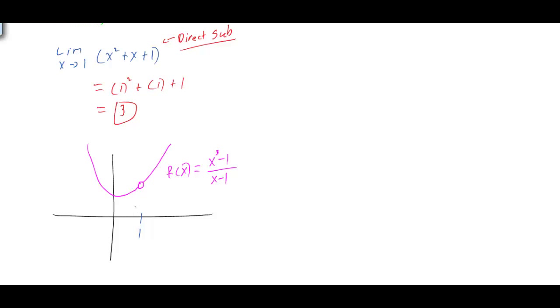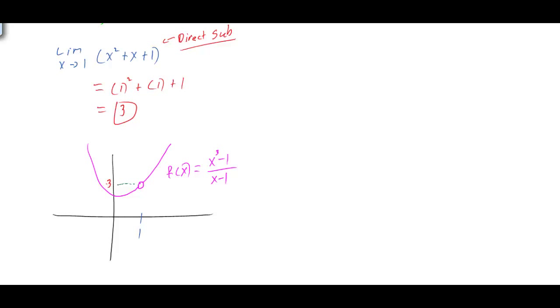If we look at the limit as we approach 1, we know that this is undefined because we have division by 0. But as we get closer to this value, our limit is approaching 3 at this particular point.